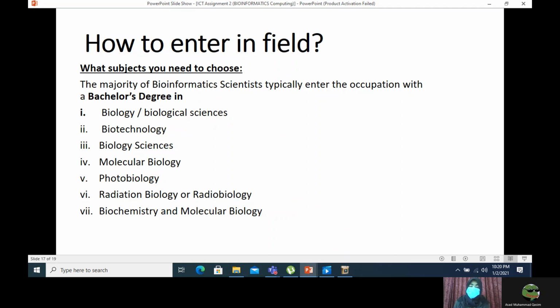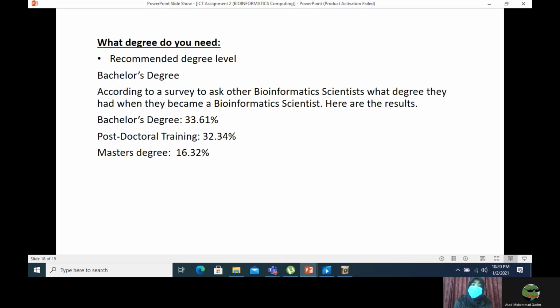And now the most important thing is how to enter this field and which subjects one should choose to enter bioinformatics. The majority of bioinformatics scientists said that they entered this field after a bachelor's degree, mostly in a subject relating to biology. For example, biology, biotechnology, biological sciences, molecular biology, photobiology, radiation biology, and biochemistry.